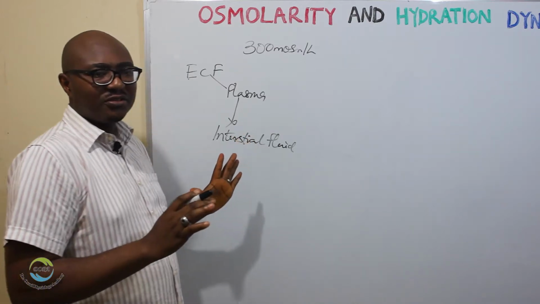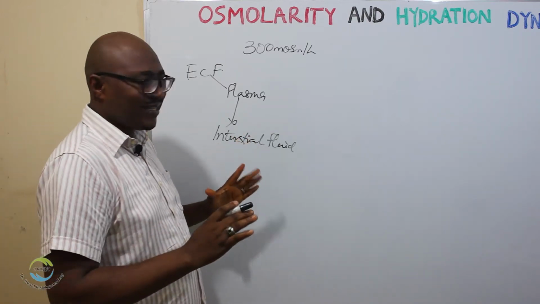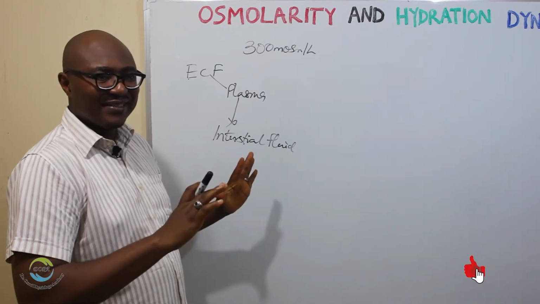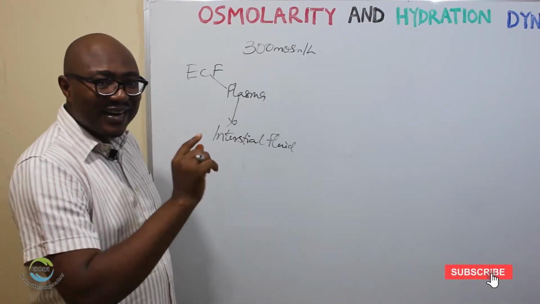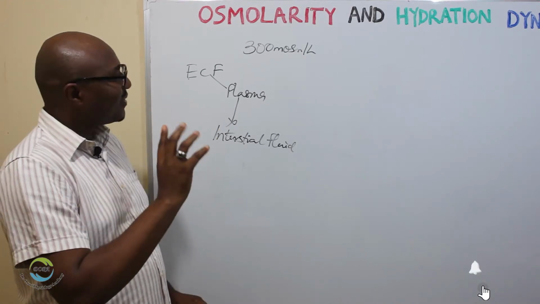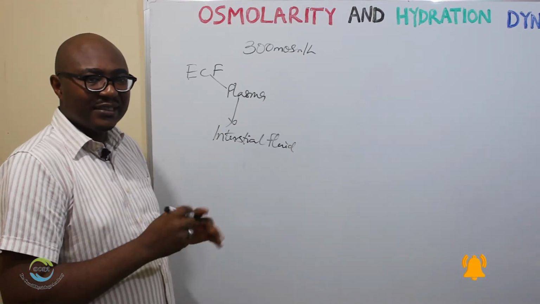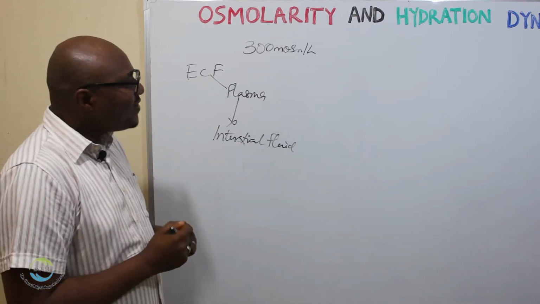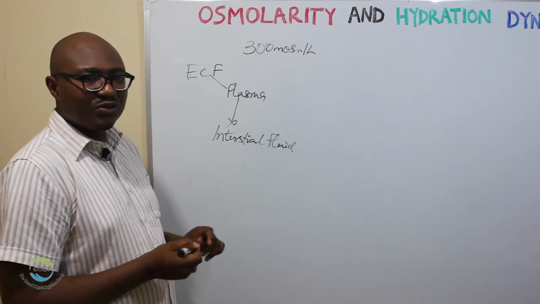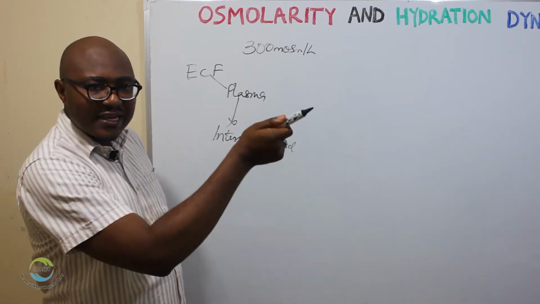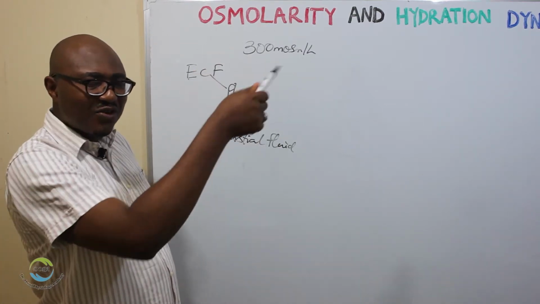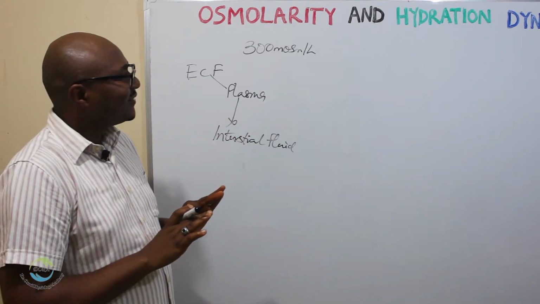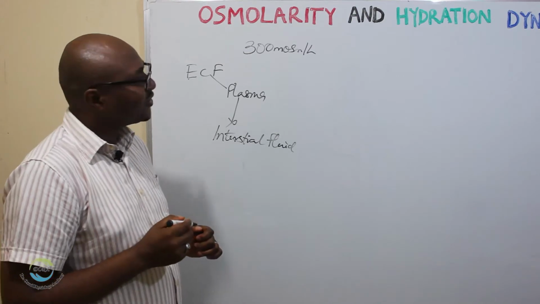Now, hydration is a measure of the water content of the body. Remember that those body fluid compartments, each of them, have their normal volume. So if anything happens to the volume, either it's increased beyond normal or decreased below normal, then there is a problem with the hydration.